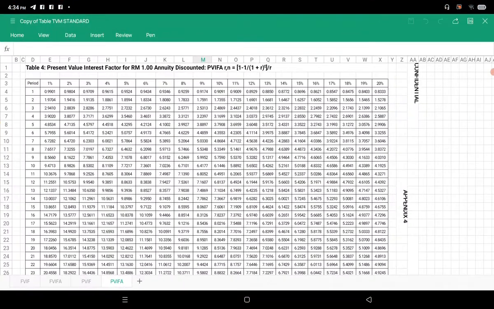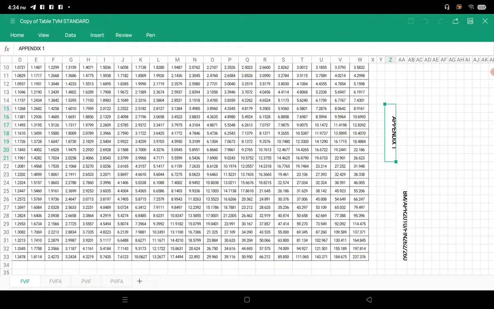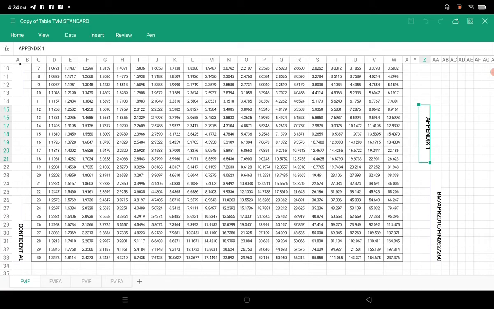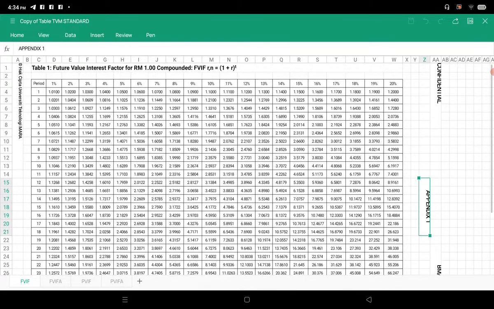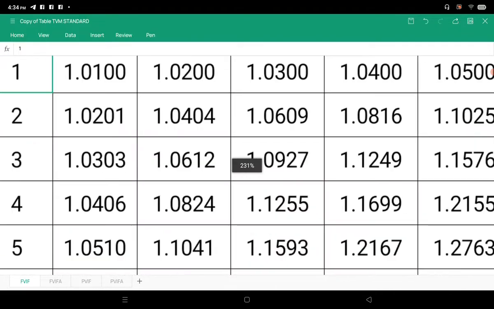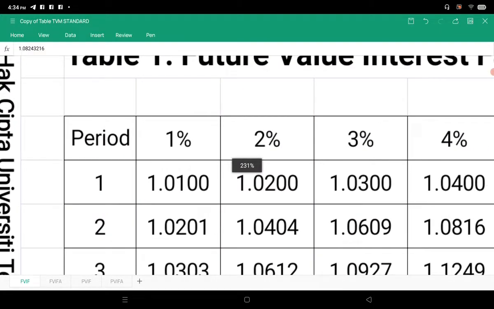Okay, this is the schedule. Let's say FVIF. Okay, ni saya ajar cara mula-mula untuk kira annuity satu-satu. Tapi lambat sebenarnya. Okay, cuma saya nak you faham dulu. Kan, kalau kita tengok jadual kita starting with year 1. Year 1, kalau 1%, 1.100. Okay, ini nilai dia. So 0 tak ada. Kenapa?